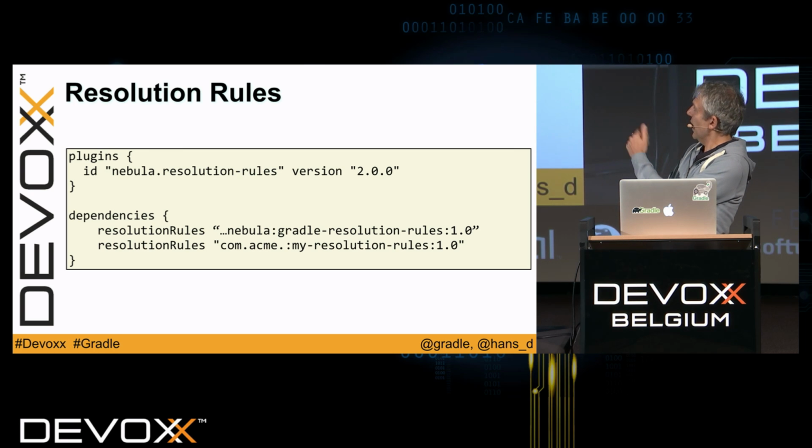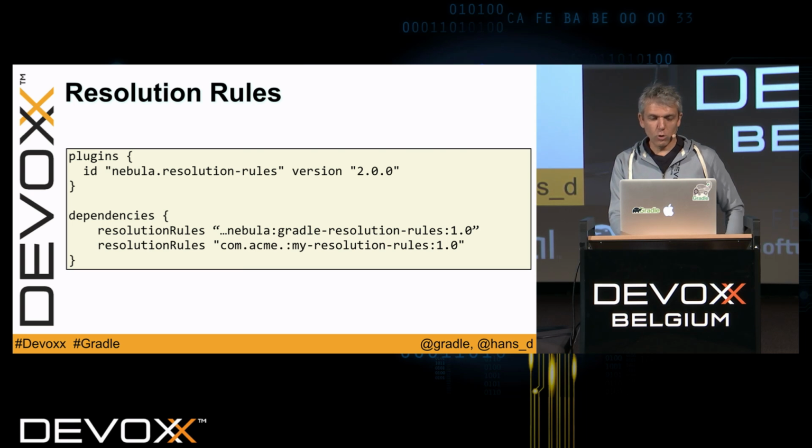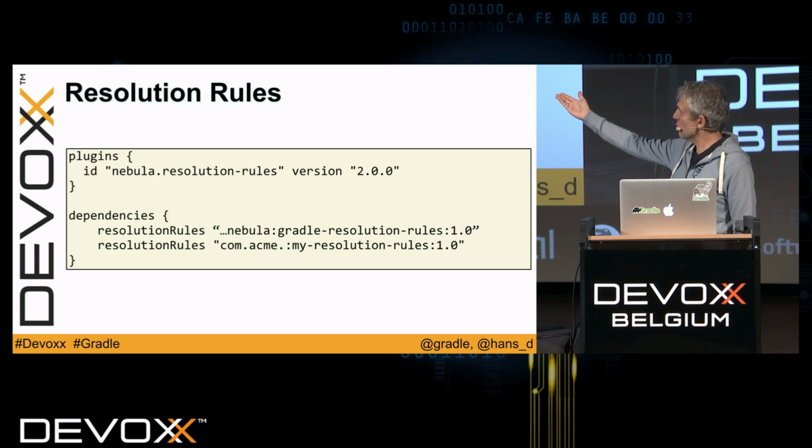So you apply the Nebula resolution rules plugin, and there are some default resolution rules that ship with the resolution rules plugin, and you just treat that as a dependency. That is downloaded from your repository, and you can add your own resolution rules. You can also add them to the resolution rules configuration, and then they are downloaded and automatically applied to all the builds in the organization.